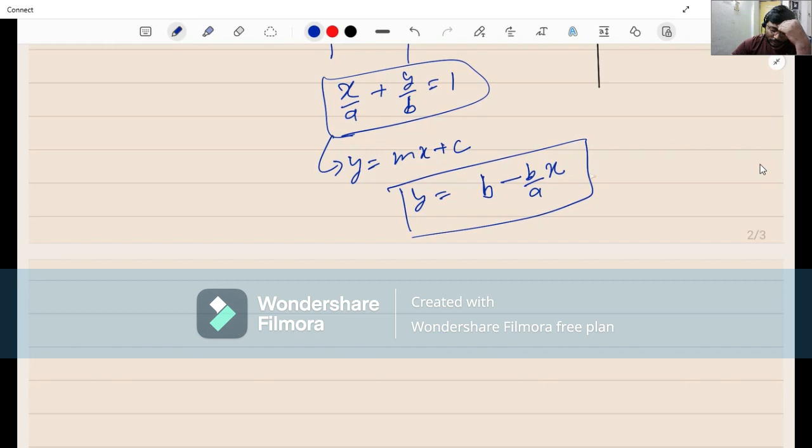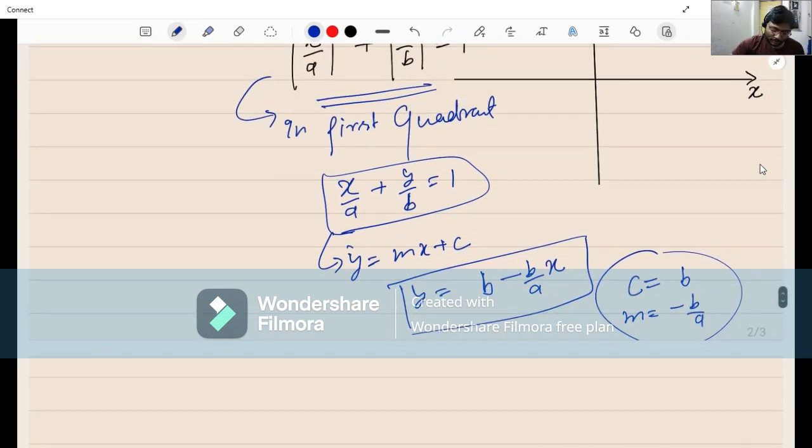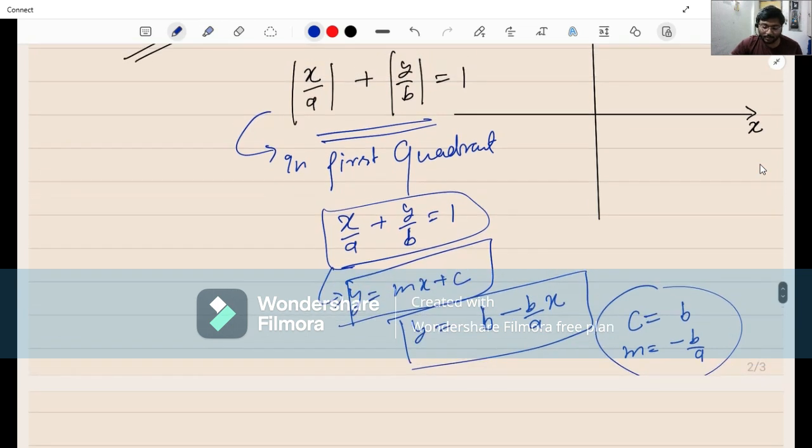Here the value of c we are getting is b, and the value of m is minus b by a. So it is clear that in this equation c is the intercept on the y-axis, and m is the slope. Here we see that the slope is minus b by a, which is a negative slope because a and b are positive, and the intercept on the y-axis is b.